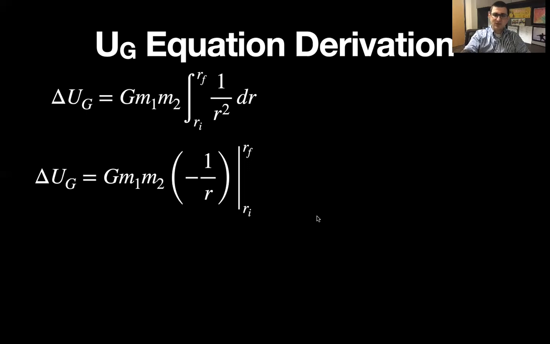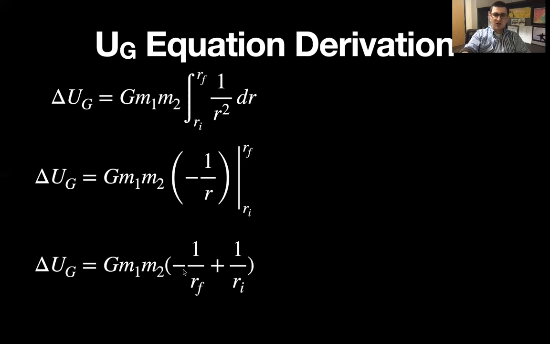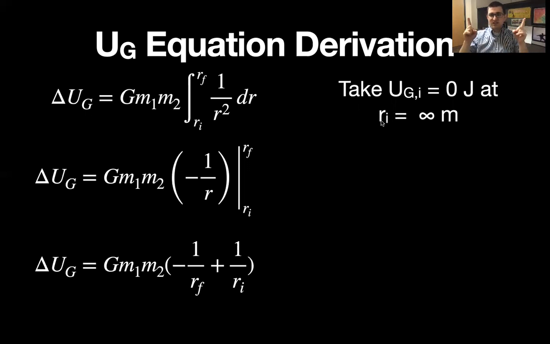When we substitute those in, we can make one other important assumption: if our initial distance between the two centers of mass is infinitely far away, very far off in the middle of space, then our initial universal gravitational potential energy is 0.